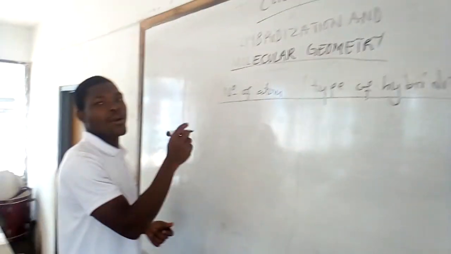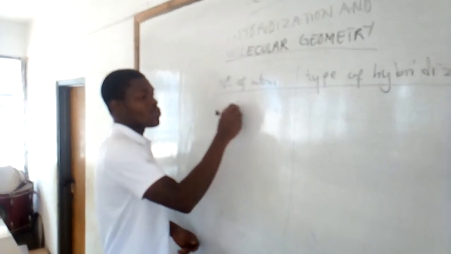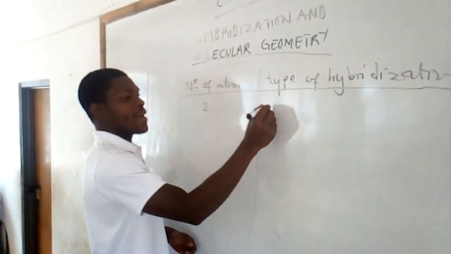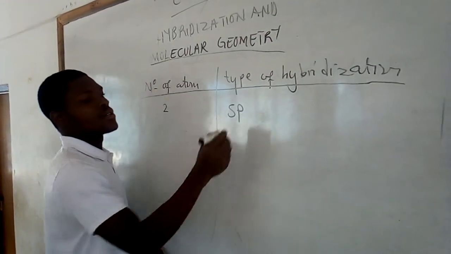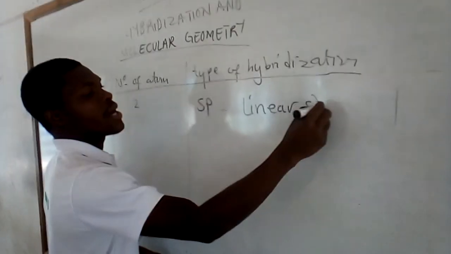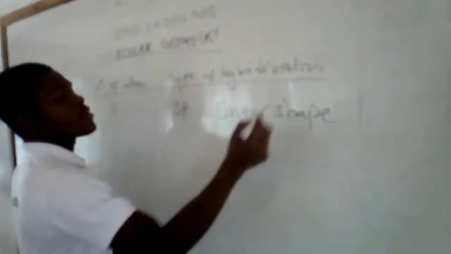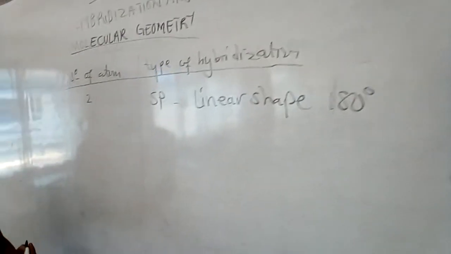When the number of bonded atoms and lone pairs is 2, the type of hybridization is sp hybridization with linear shape and bond angle of 180 degrees.